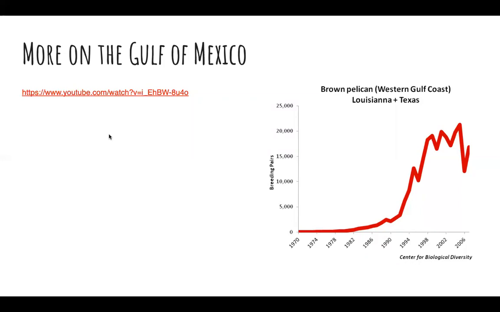Today, there are 290,000 brown pelicans in North America and 650,000 globally. Great. Do you want us to watch the whole thing? Yes, please. Okay, pull it up.